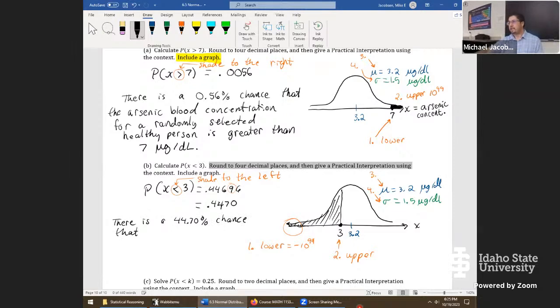that, here I'm going to drop some of the context and just say the arsenic blood concentration. It's nice to put in every bit of the context, but if we know we're talking about a healthy, randomly selected human, you don't have to say that every single time.